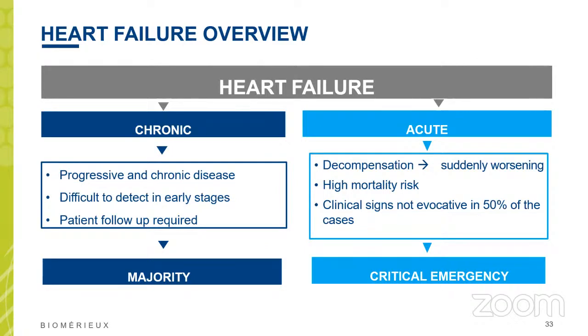Acute heart failure is a sudden worsening of the function of the heart with a very high mortality risk. And again, just like in many of these conditions, the clinical signs don't tell us much in 50% of the cases. So if clinically you can't pick things properly, then you definitely need a biomarker to help you.